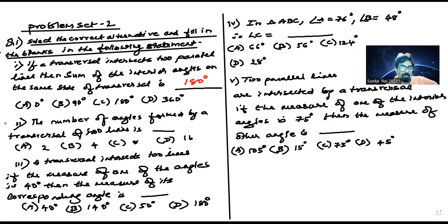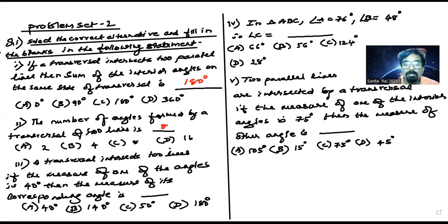The next one: the number of angles formed by a transversal of two parallel lines. The total number of angles formed by a transversal of two parallel lines is always 8, 4 on top and 4 down.